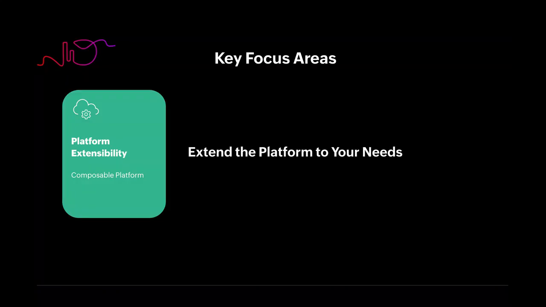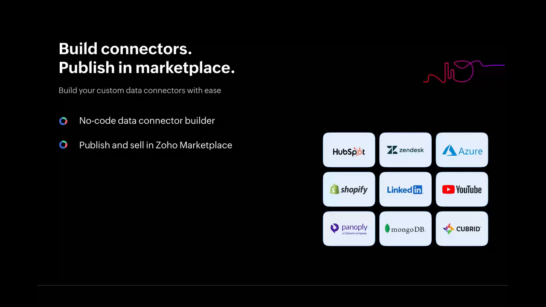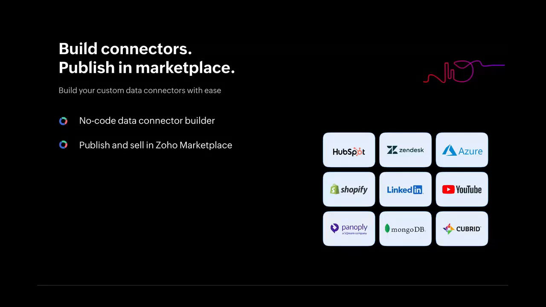Finally, we come to the extensibility component. This allows you to customize and extend the platform to meet your specific automation and business workflow needs. First, we are introducing a no-code data connector builder. While we already offer over 500 pre-packaged applications and APIs, many users often require connectivity to custom applications.